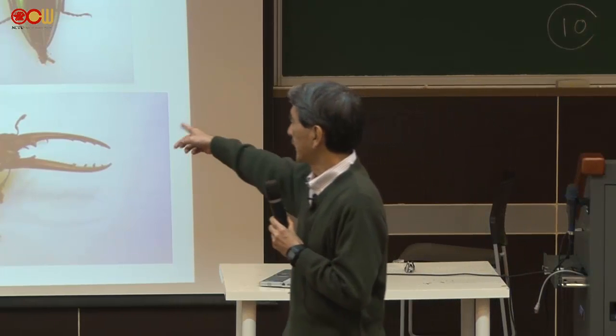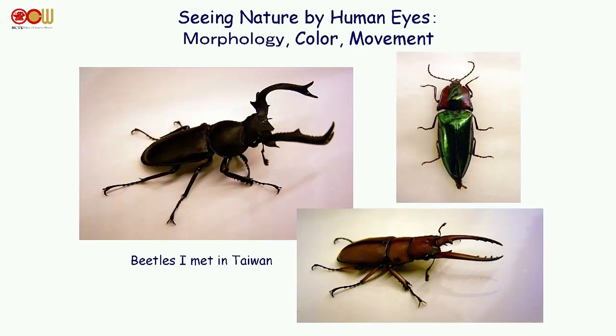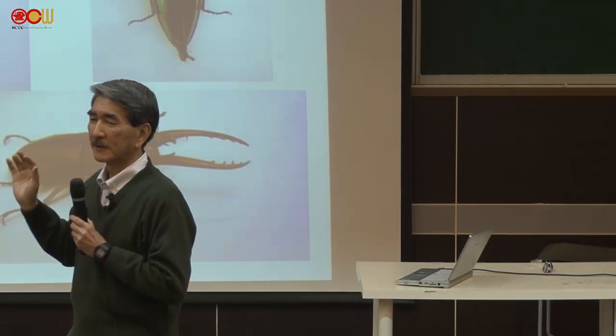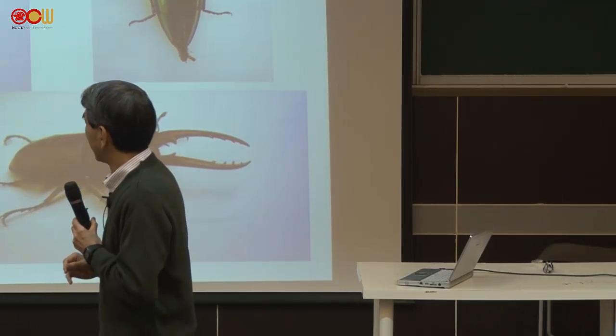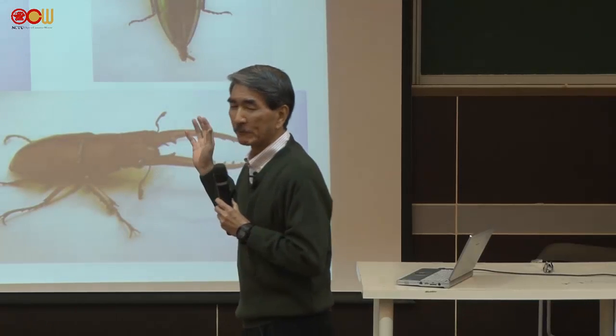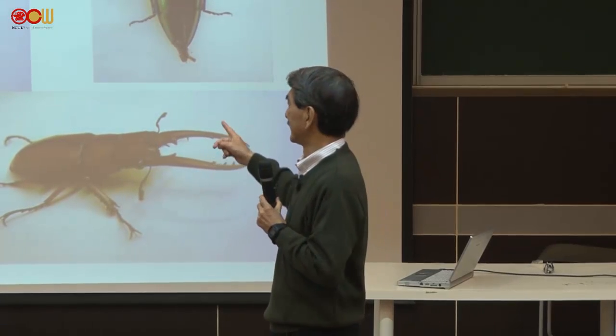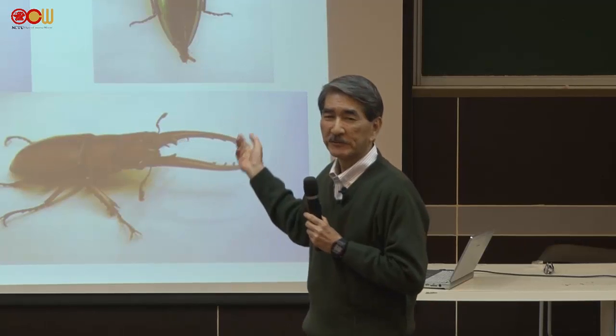So I like those, especially the stag beetles. I like this one. This one has a very strange shape. And these very big horns are just for fighting with other stag beetles. Okay? And so when I was a child, I was really fascinated with these stag beetles and other beetles.